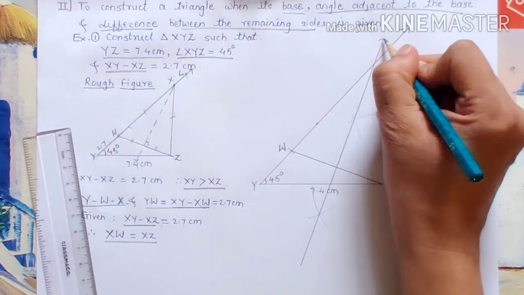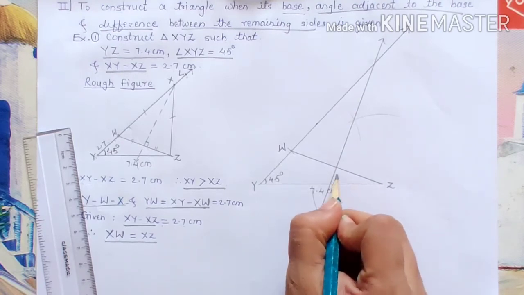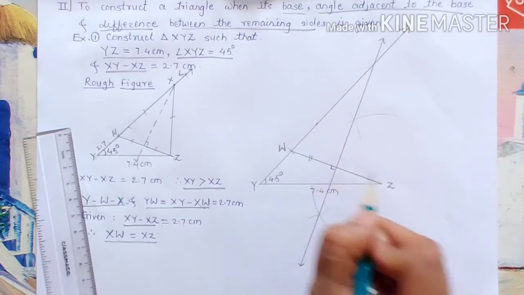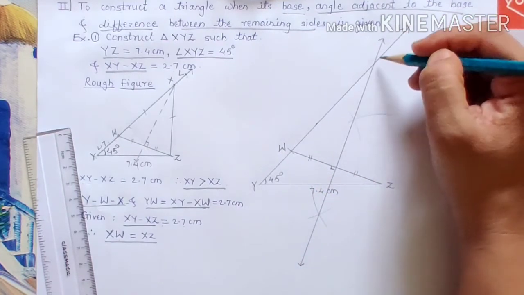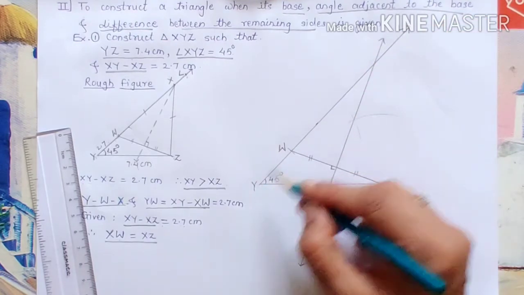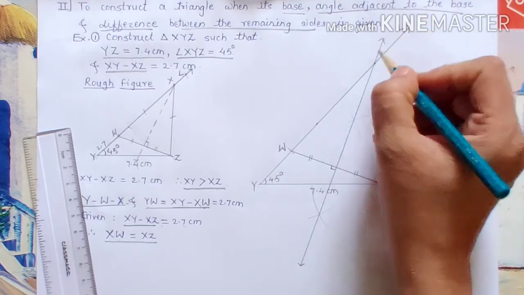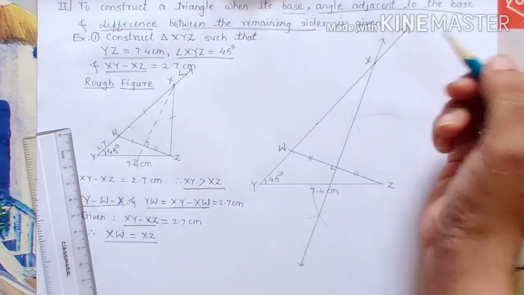So draw this line like this. This is the perpendicular bisector of segment WZ, and where this line intersects the ray YL, that is the point of intersection of these 2 lines, name it as X.